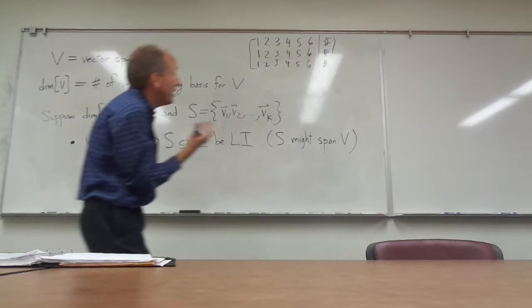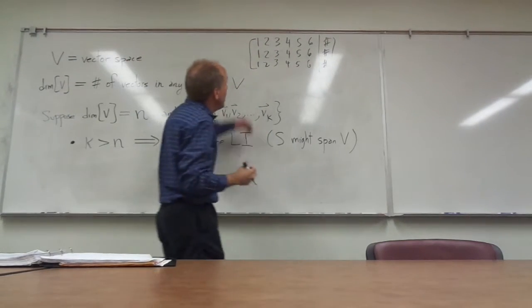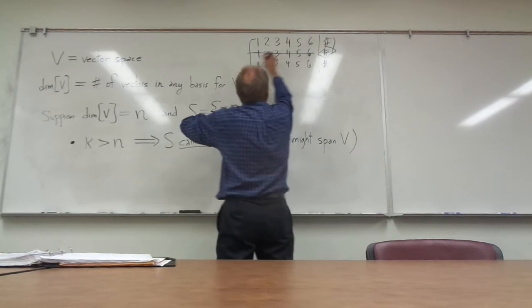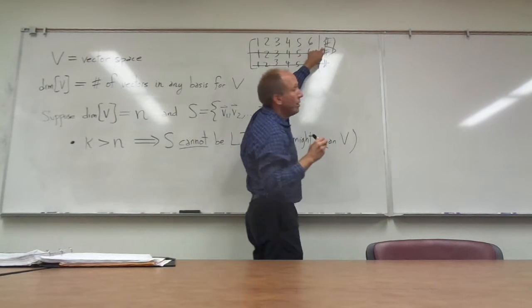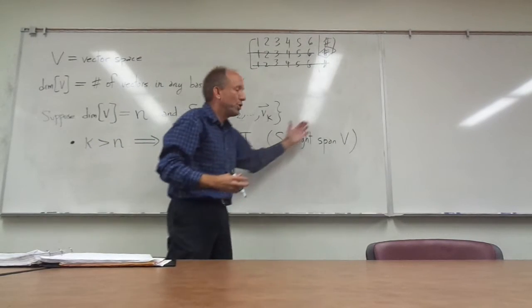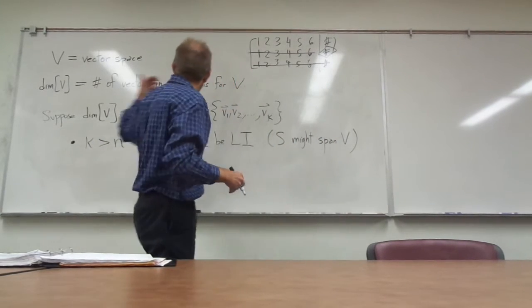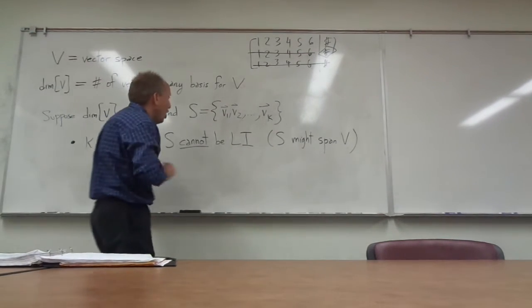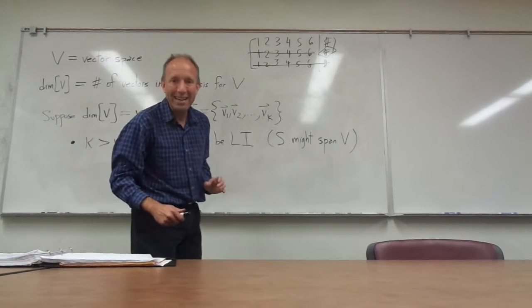Spent a lot of money on that, but guess what, guys? When you do the EROs, this is going to cross off, and you're going to get a pivot over in the far right column. You are not guaranteed that S spans V, even if you have a large number of vectors. And you already know that S is not linearly independent.